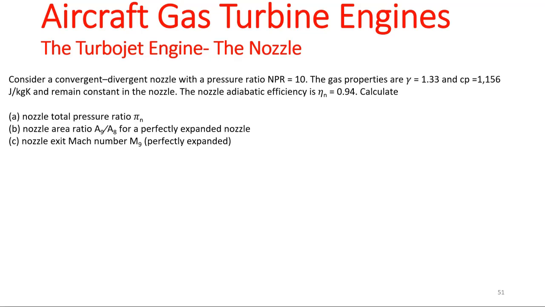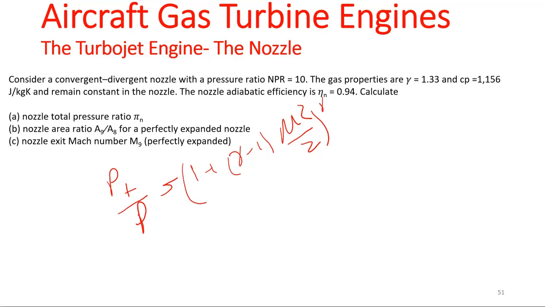I think I need to use the relation between the total condition and the static condition: 1 plus (gamma minus 1) M squared over 2, to the power gamma over gamma minus 1. That's the equation, right? So we have an equation that relates the total condition to the static condition using the Mach number.